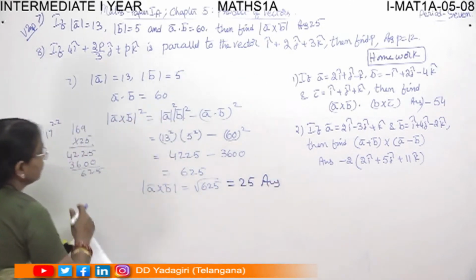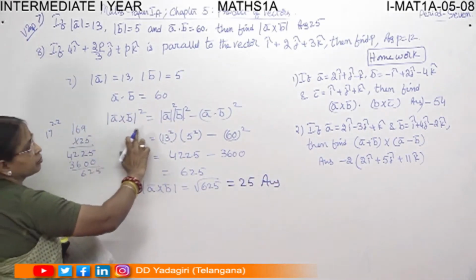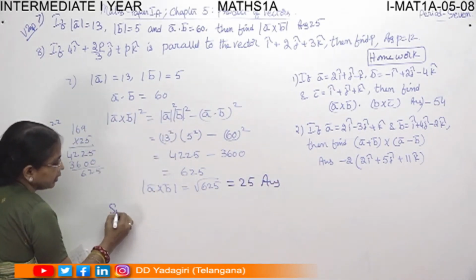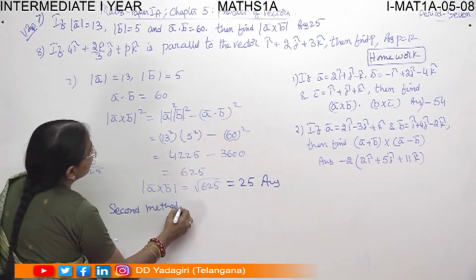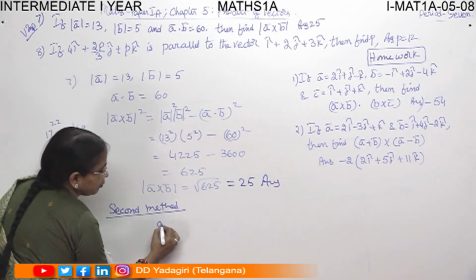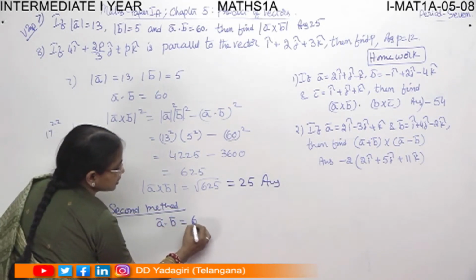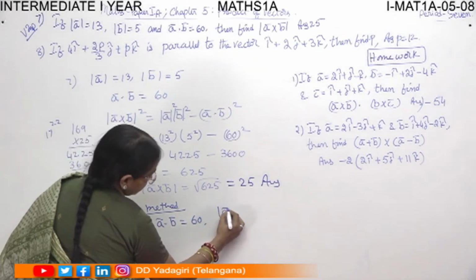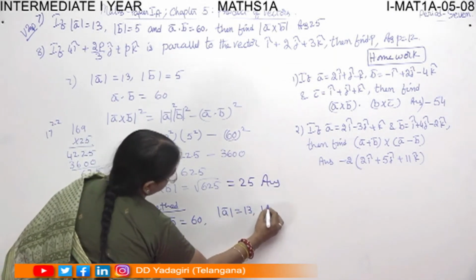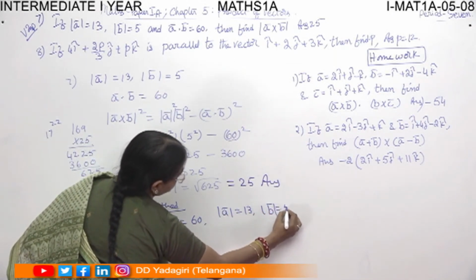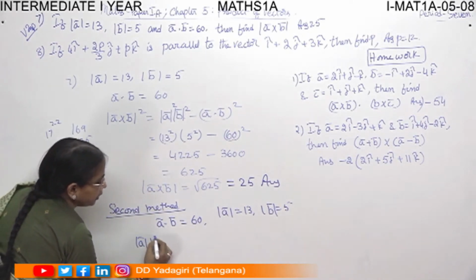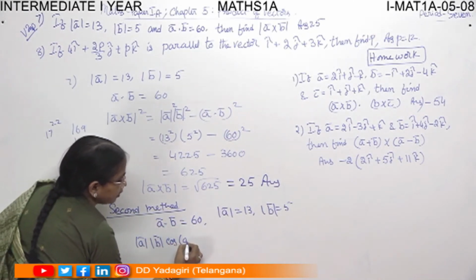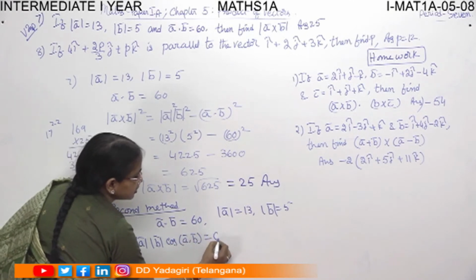This is one method. Another method is, suppose you could not remember this formula. Then what you can do is, you are given A dot B, no? A dot B is equal to 60 is given. Mod A is equal to 13 is given. Mod B is equal to 5 is given. So from this you find out cos theta. Mod A mod B into cos of angle between A and B is equal to 60.